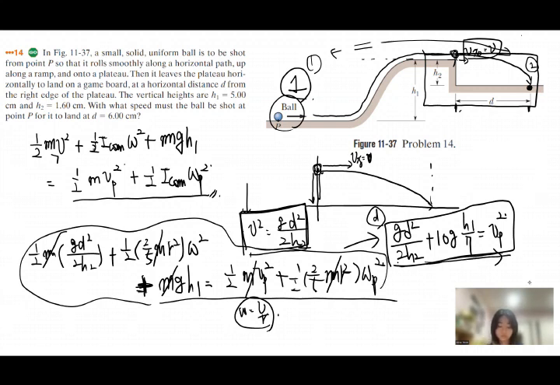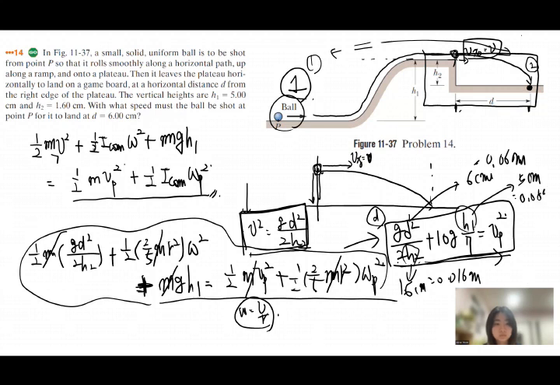So you plug those numbers in now. D is what? 6 centimeter. So that should be 0.06 meter. And h2 is 1.6 centimeter, which is 0.016 meter. And h1, 5 centimeter, which is 0.05 meter. And you will find the velocity v p.